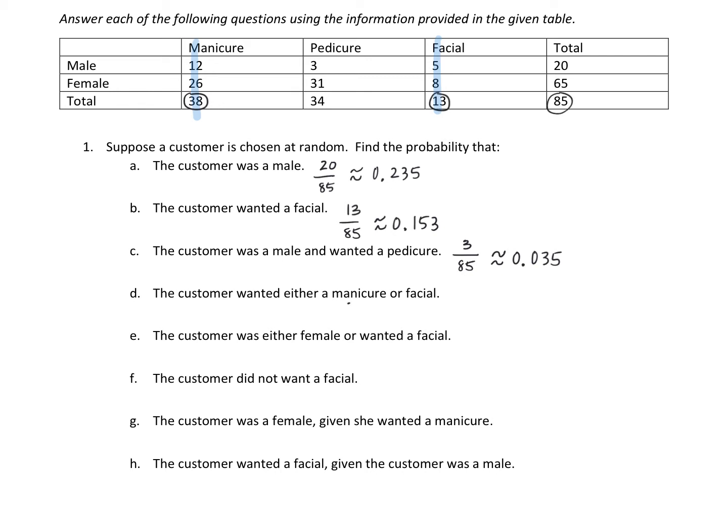So manicure is 38. 13 people wanted a facial. Both of those are favorable events and they don't overlap, so we could just add those together. That would be 51 out of 85 customers. So divide and you get 0.6. And actually it's not approximately, it is exactly 0.6.